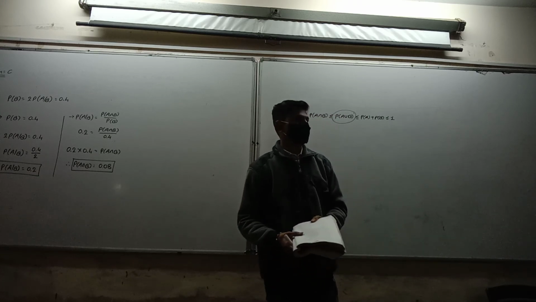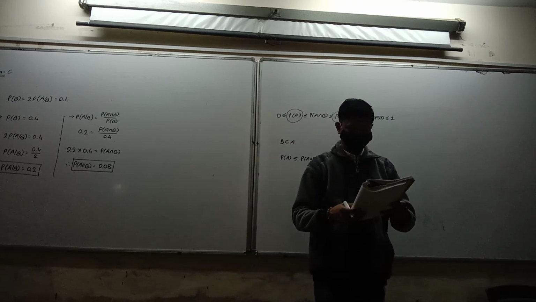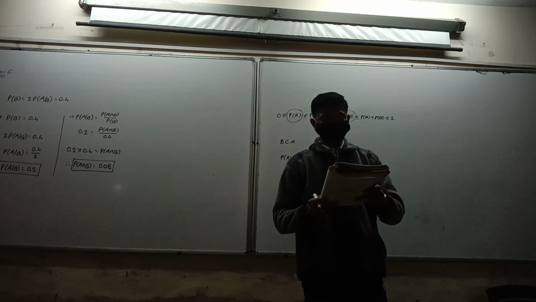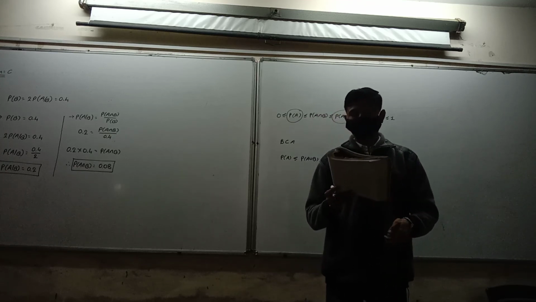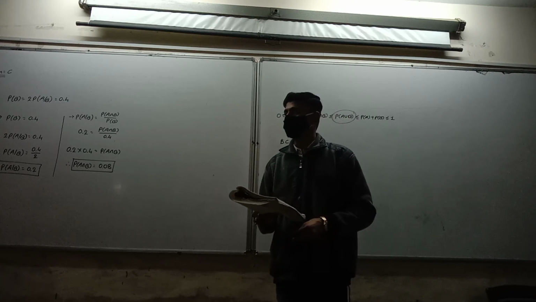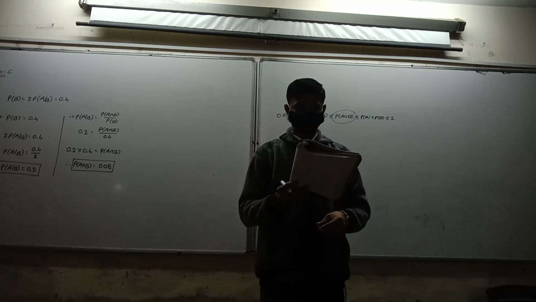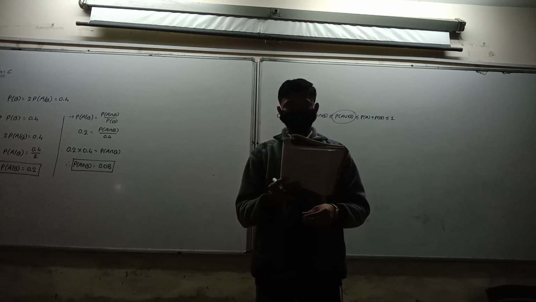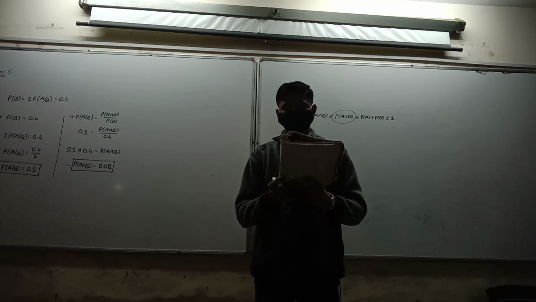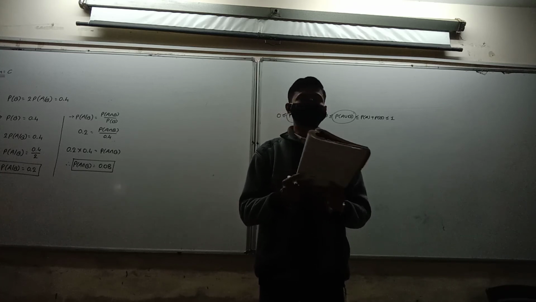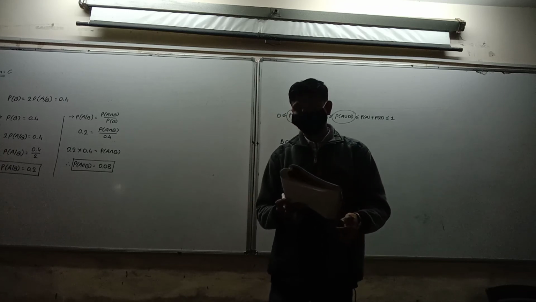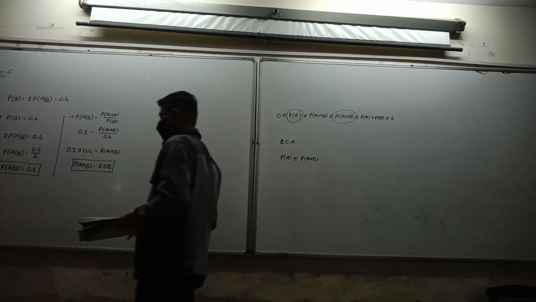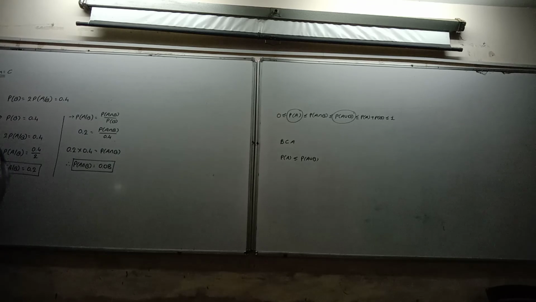Okay, next question number 14. If the event A and B are independent event, underline independent event, 3P of A is equal to 2P of B is equal to 0.12, then find P of A intersection B. Okay, formula for P of A intersection B is equal to P of A into P of B, independent event.